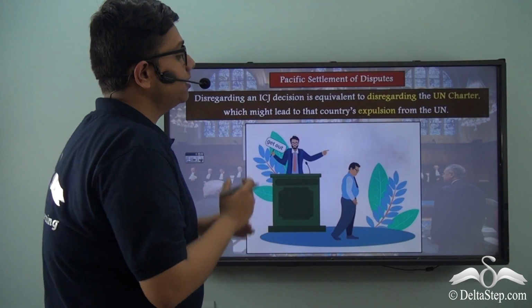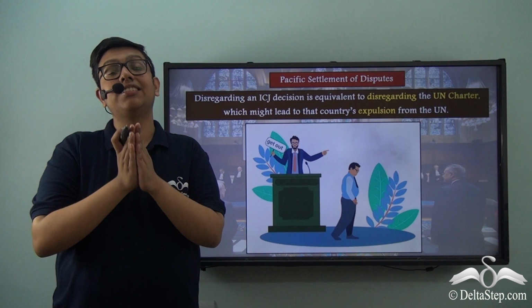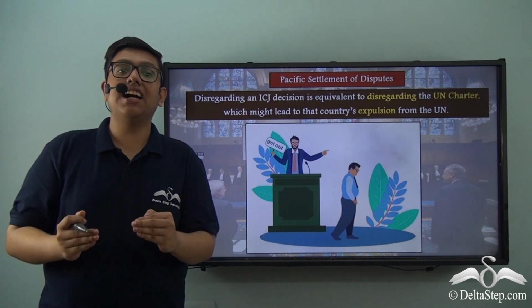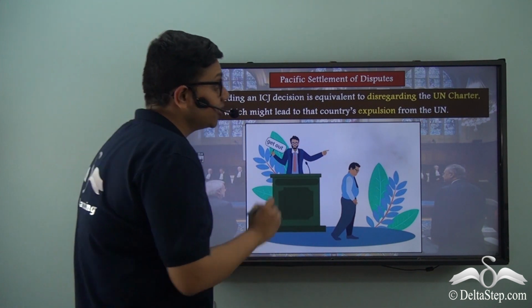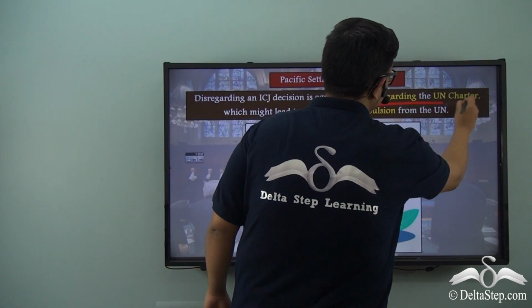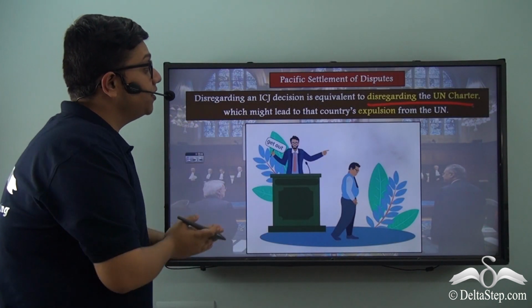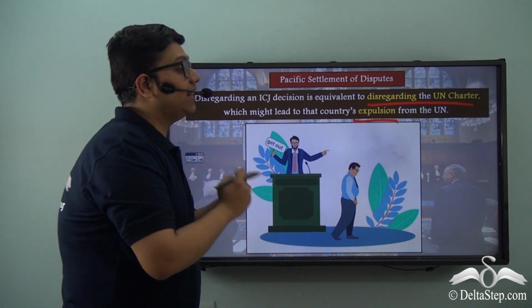But what happens if a party decides to disregard the verdict or the decision made by the International Court of Justice? Well, disregard is considered equivalent or on the same scale as disregarding the United Nations Charter itself, and thus this disregard could lead to that country's expulsion or removal from the United Nations itself.